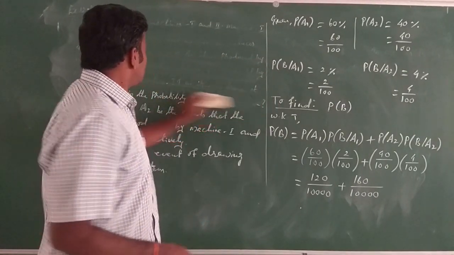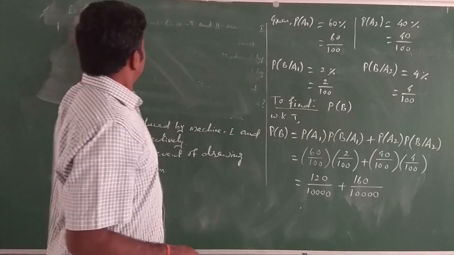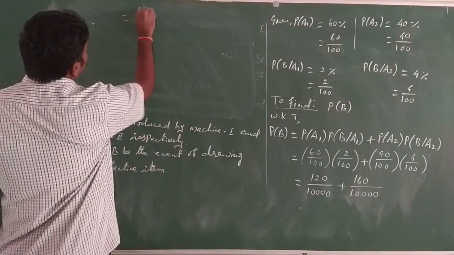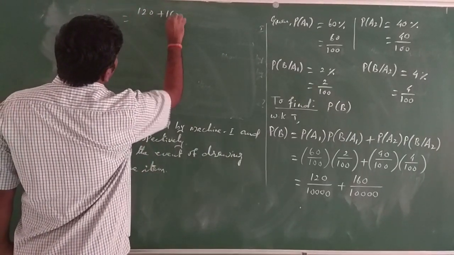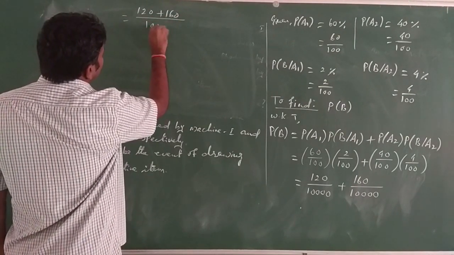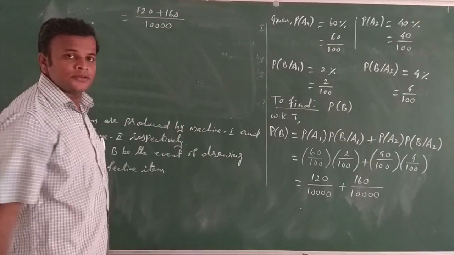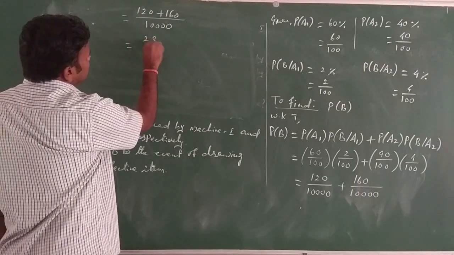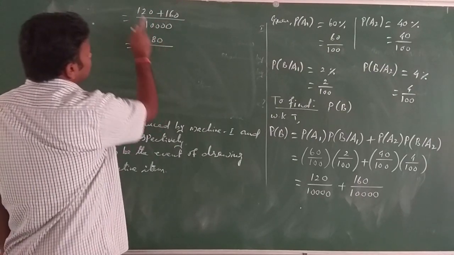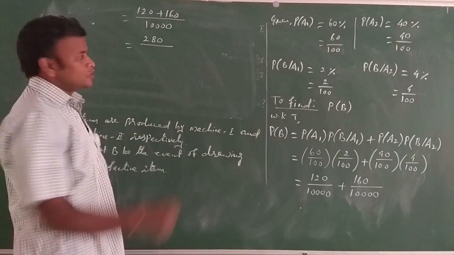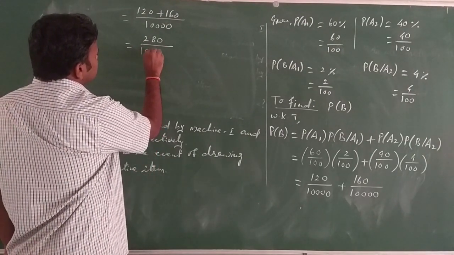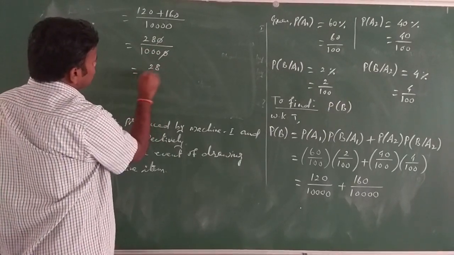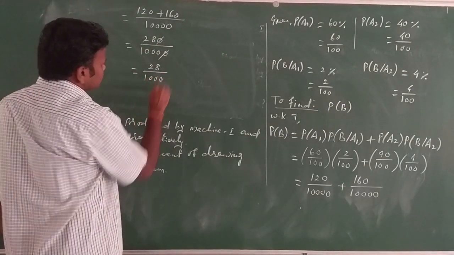We add the numerators: 120 plus 160 gives 280 by 10,000. Cancelling one zero, we get 28 by 1000.